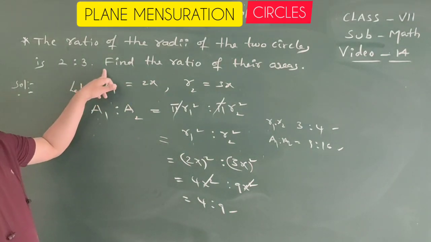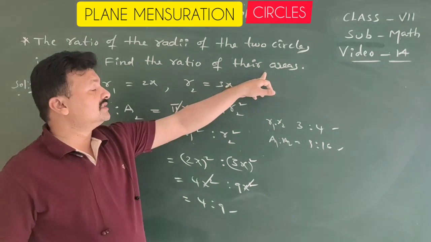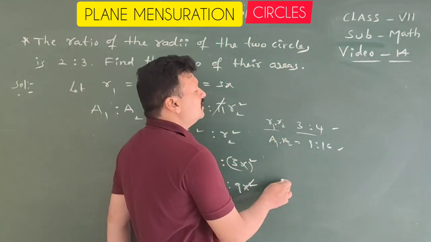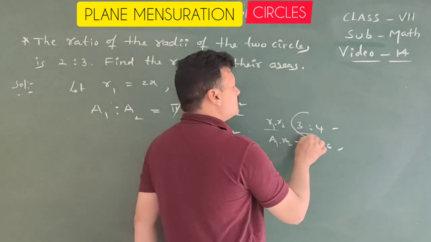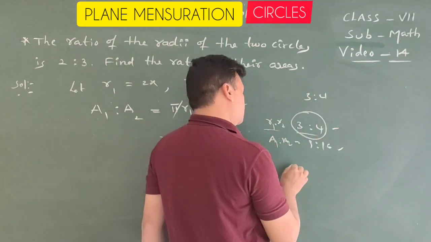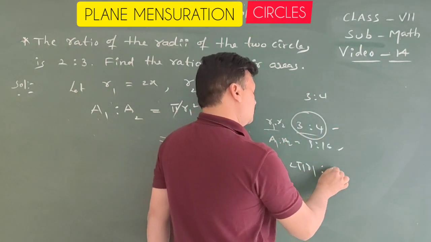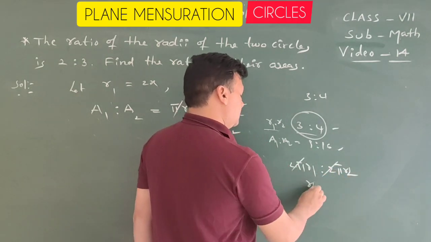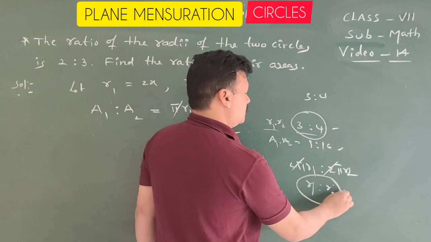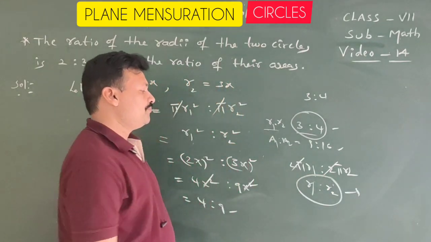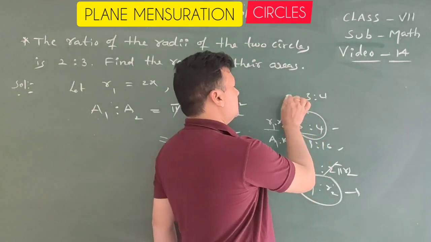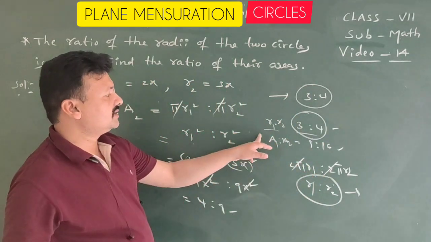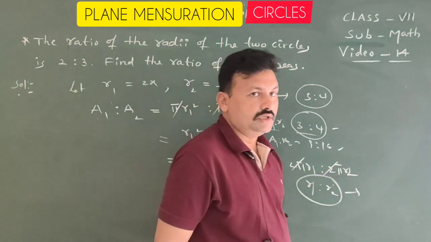If you want to find the ratio of the circumferences, if R1 is to R2 equal to 3:4, the circumferences are also in the ratio 3:4 because 2 pi R1 is to 2 pi R2. Here 2 pi gets cancelled. R1 is to R2. Radii are in ratio 3:4, circumferences are also in ratio 3:4 only.